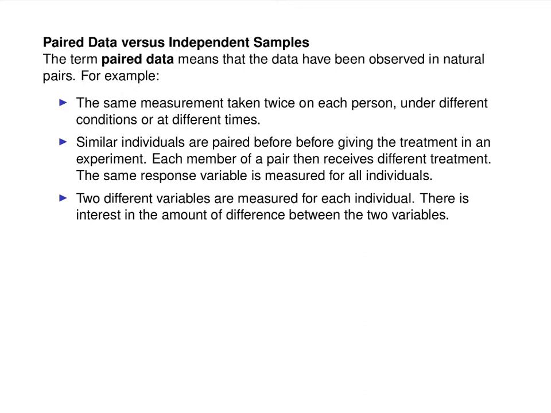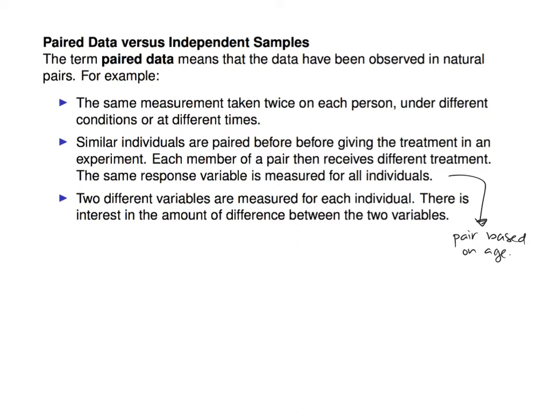Similar individuals are paired before giving the treatment in an experiment, and then each member of the pair receives a different treatment. So one example here could be that you could pair based on age. There was an example we discussed earlier about memory, and people were first paired based on age and then assigned different memorization techniques.